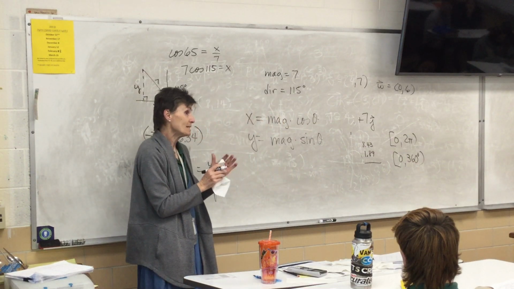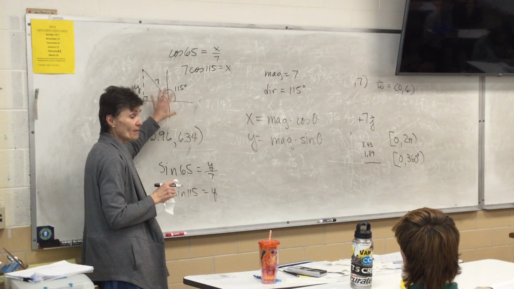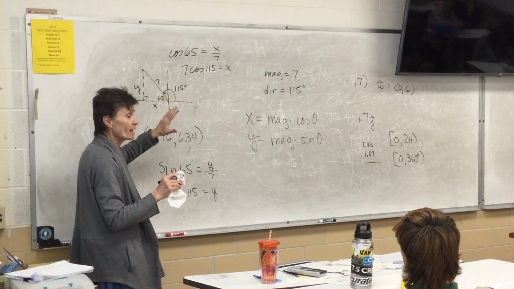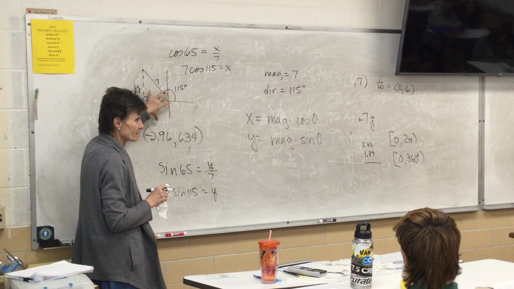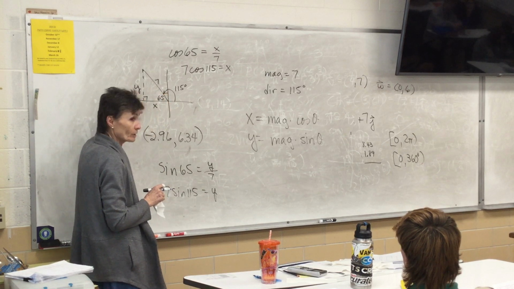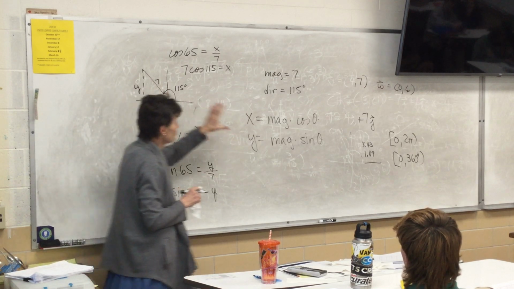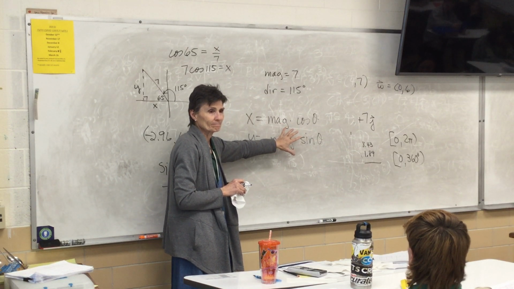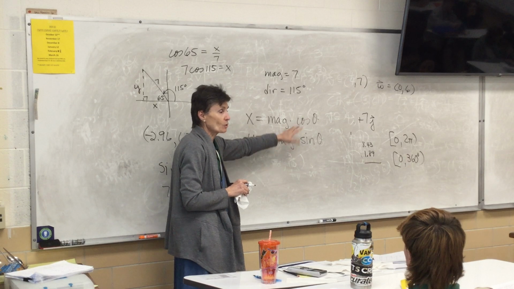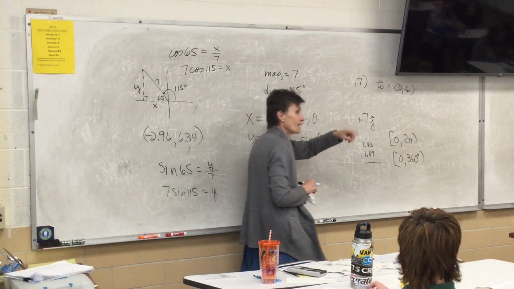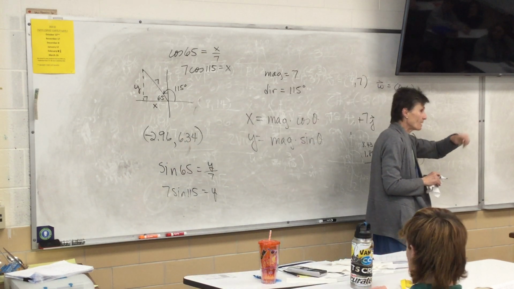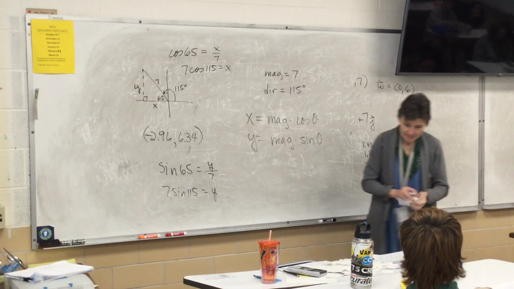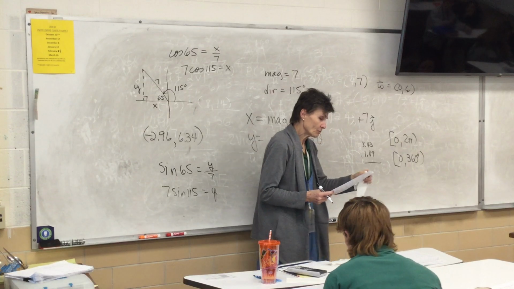So you don't even need to draw it. Now, if that makes more sense to you, because that's what we've done before, it's perfectly okay. But if you do that, you have to make sure you're including any negatives. If you do this, the negatives come out automatically. So to find the vector coordinates, magnitude times cosine, magnitude times sine, every time. Easy, easy, easy. All right, now you can turn the page.